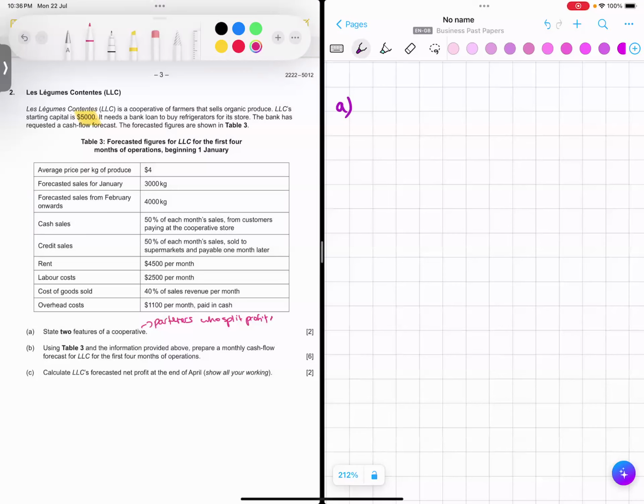So basically, let me give you two features. When they give you the action verb "state," you just have to say it. You don't have to explain it or relate it to the case, because with state and define, you just tell them exactly what they want.